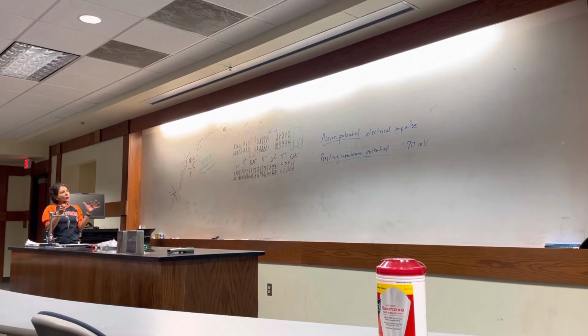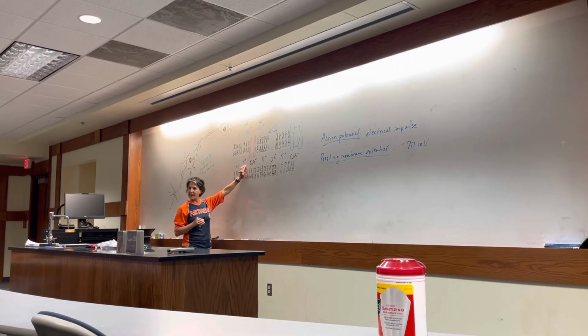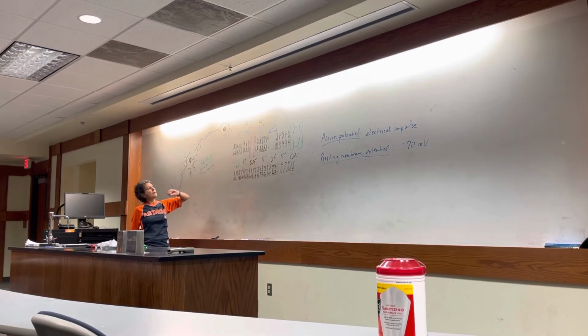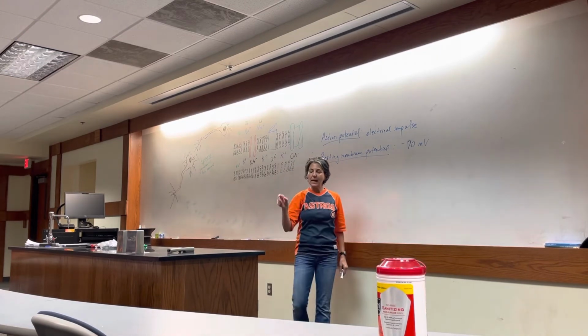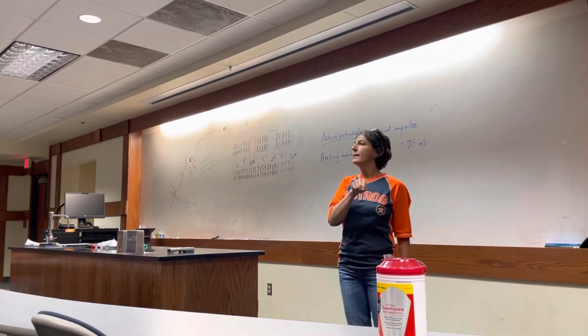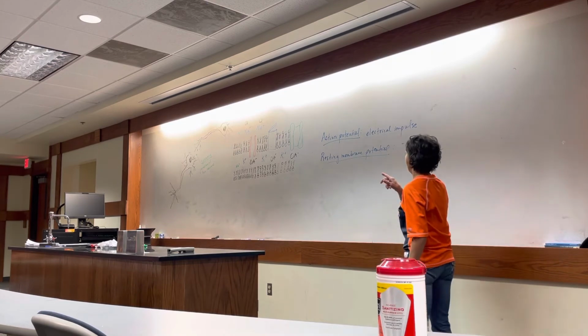For this lecture, let's really just focus on the potassium and the sodium. I'm drawing the other ones in because in general, the inside has a more negative charge than the outside. By how much?